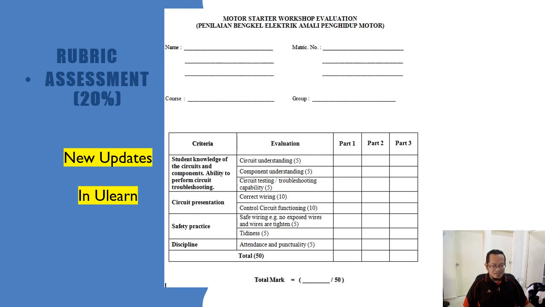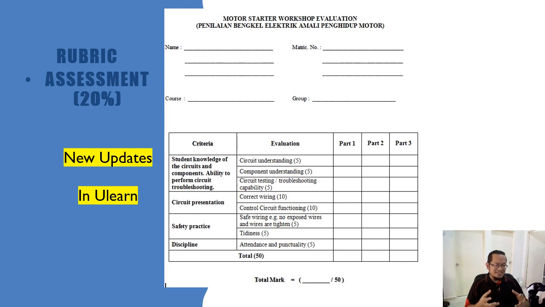And this circuit presentation is just if your simulation works, and then we assume you have done the correct wiring. And then there's some safety practice. I would say this is not so much a safety practice, but a good practice for doing a simulation, for designing a circuit in software. For example, tidiness. There's no exposed wire, but I would say exposed wire is for physical, of course.